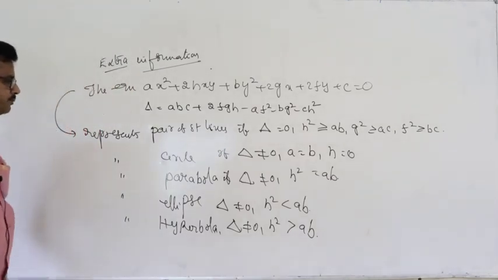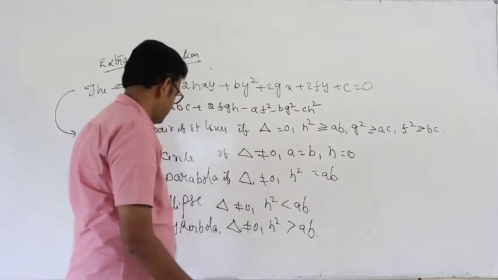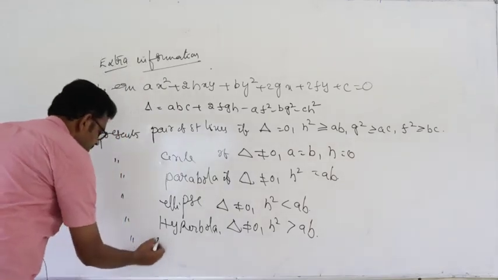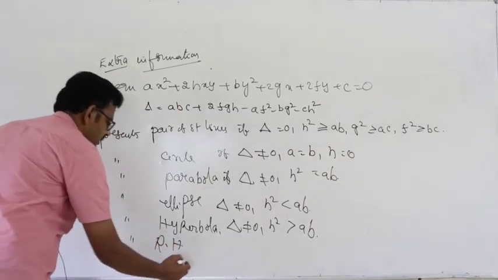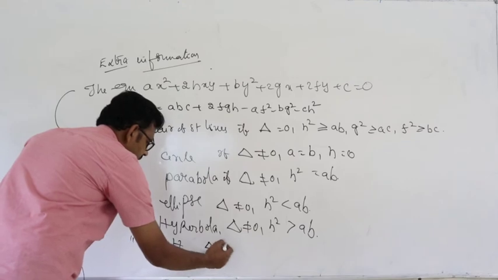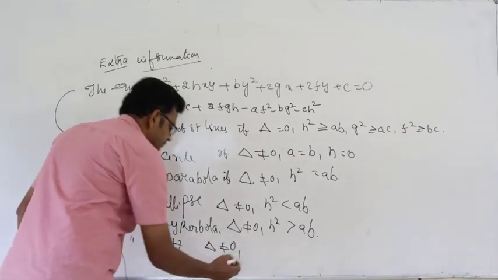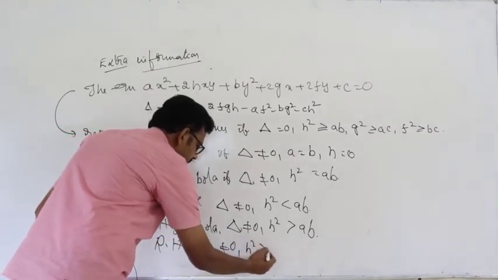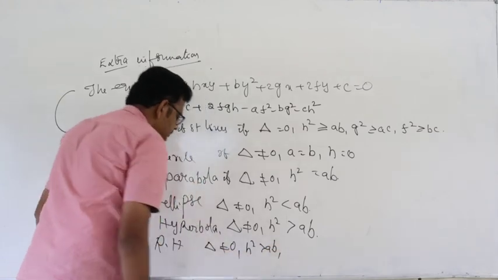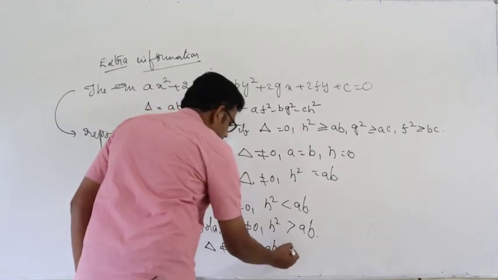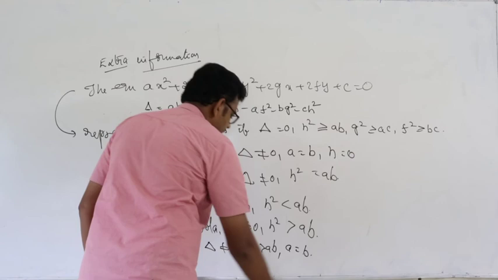And a rectangular hyperbola: delta is not equal to 0, h square is greater than ab and a equal to b.